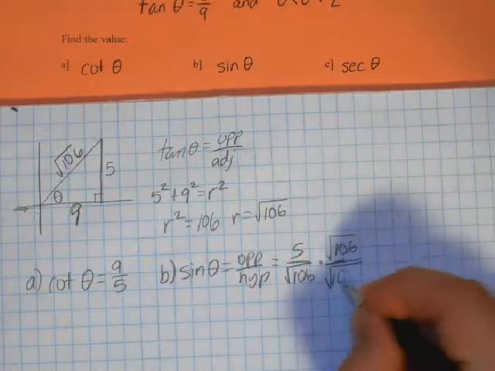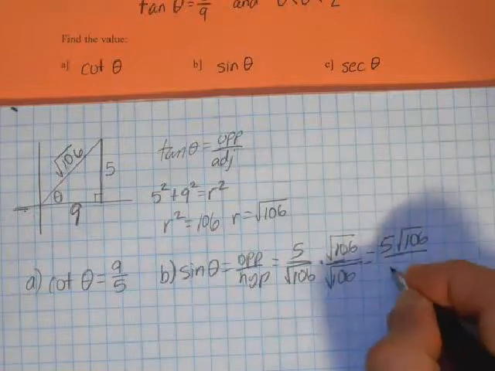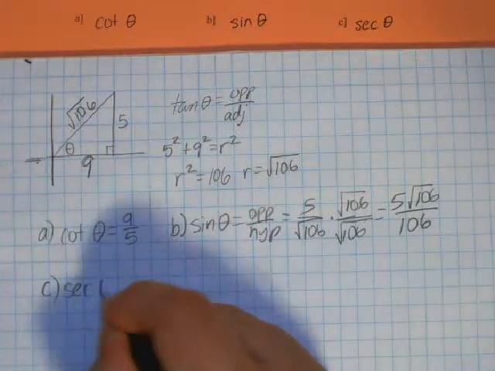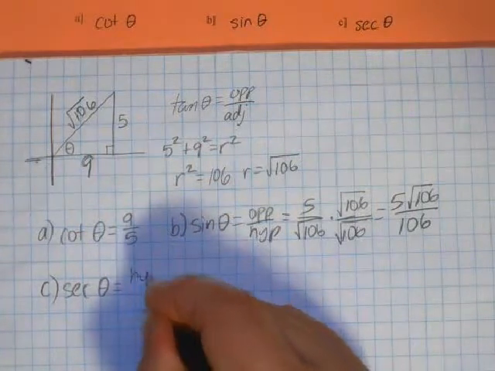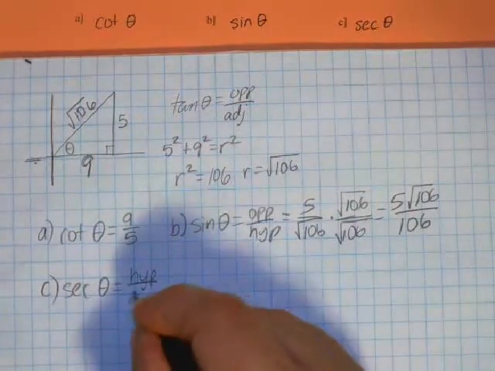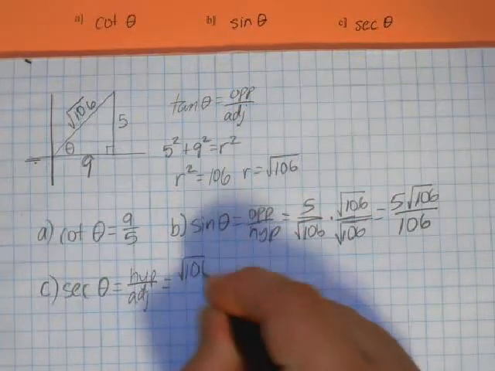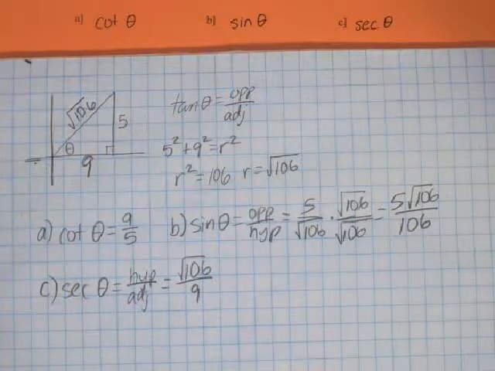Rationalizing the denominator, we get 5 radical 106 over 106. And then for secant, we get hypotenuse over adjacent, and we get radical 106 over 9.